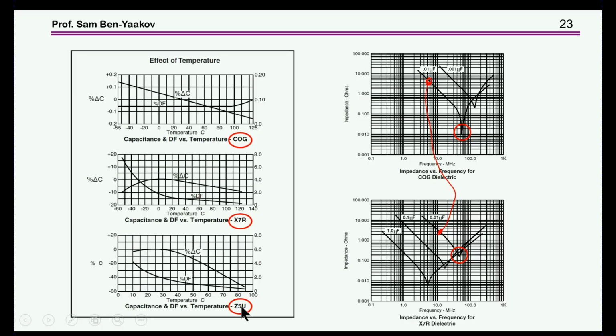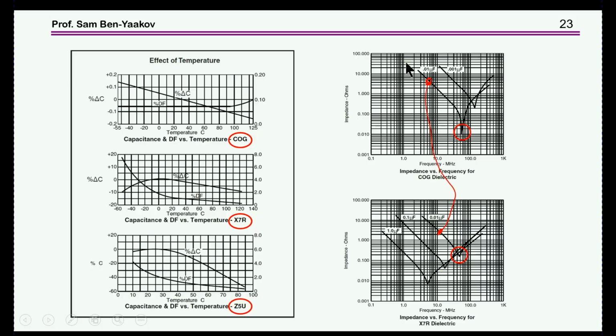And here I brought you some interesting plots which are showing a couple of things. Number one, here is a comparison between a COG, that is a paraelectric capacitor, and a ferroelectric capacitor. I'm comparing 0.01 microfarad capacitors, here and here.